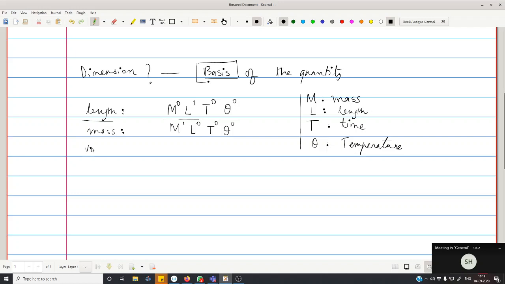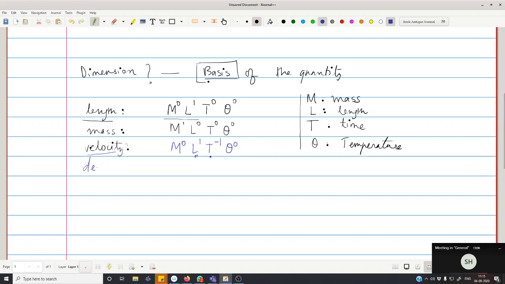What about velocity? Who can tell me? Velocity is M to the power 0, L to the power 1, T to the power minus 1. Good. So velocity in its fundamental form is comprised of the basis of length and time.